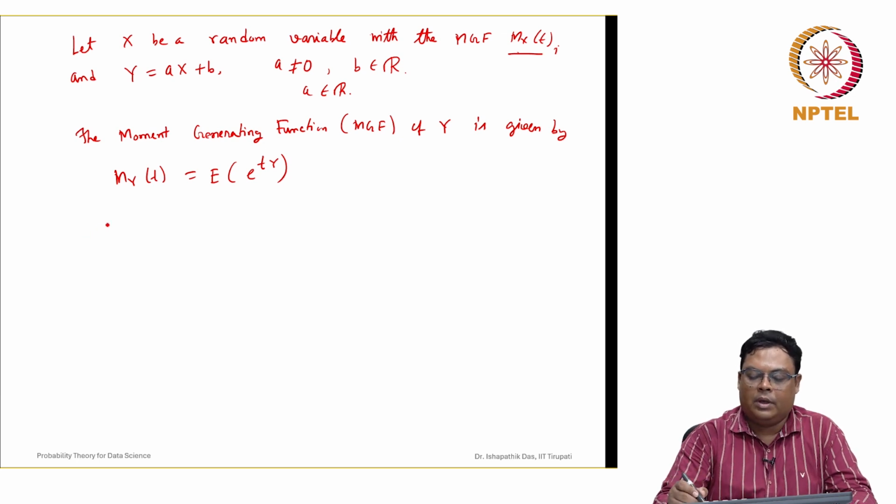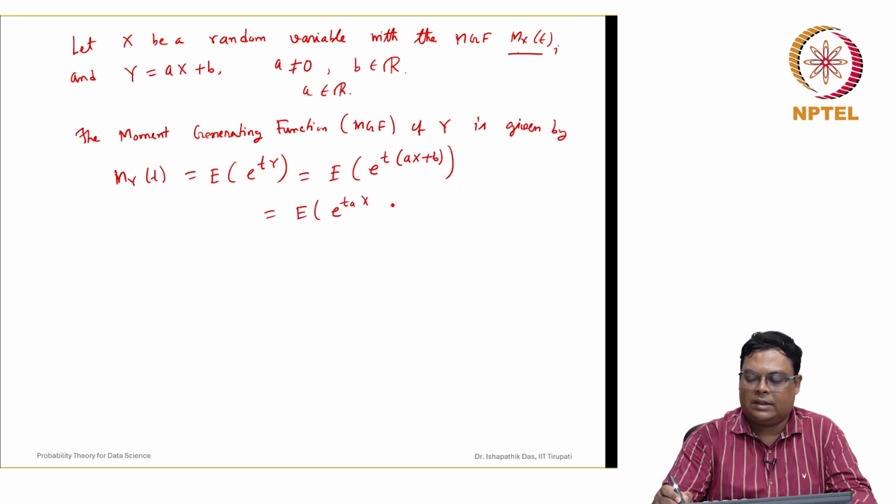Now y is ax plus b, so this is the expected value of e to the power of t into (ax plus b). This is the expected value of e to the power of tax multiplied by e to the power of tb. Since b and t are real numbers, e to the power of tb will be outside.